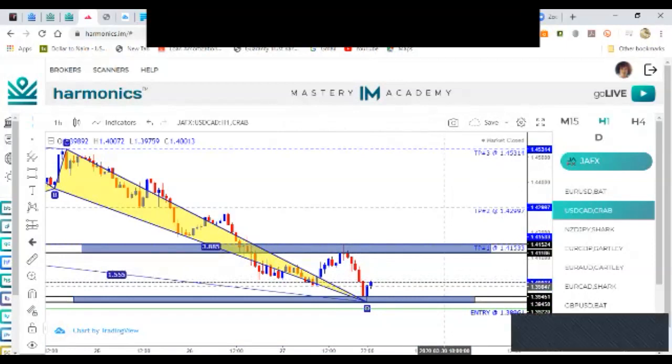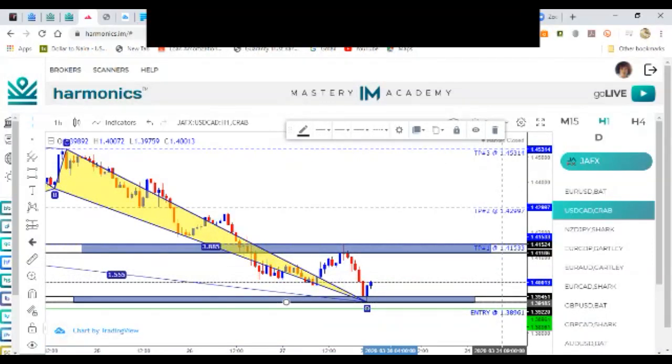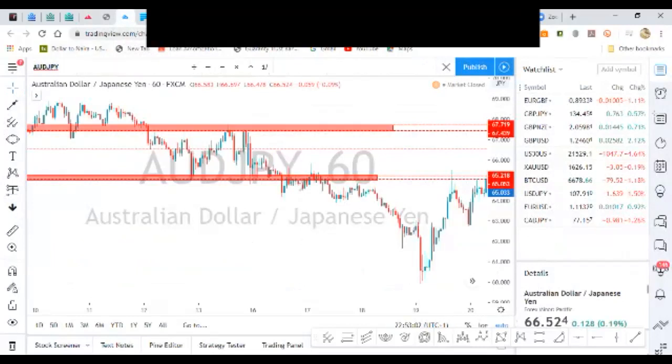For my lower zone, I have 1.39469, and I have the second, which is 1.39185. So I go to my TradingView and I find USDCAD.